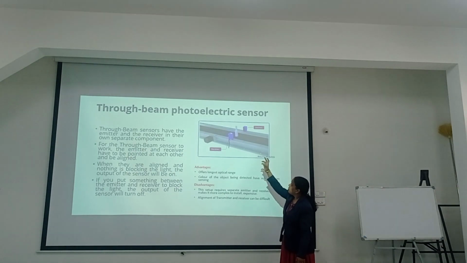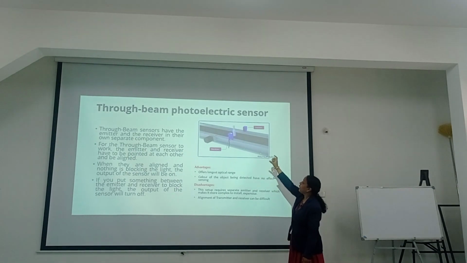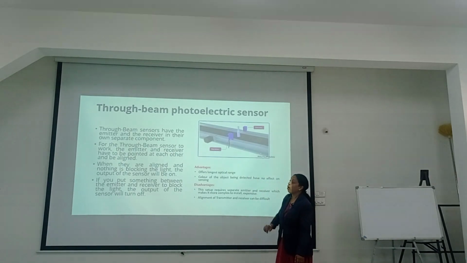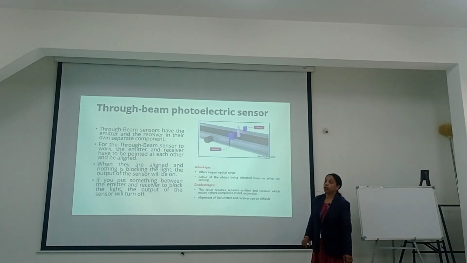Now, when the object passes through, the light will be obstructed by the object and the receiver will not receive any light. So the receiver section will be off, detecting that there is some object. So this is your through beam photoelectric sensor.